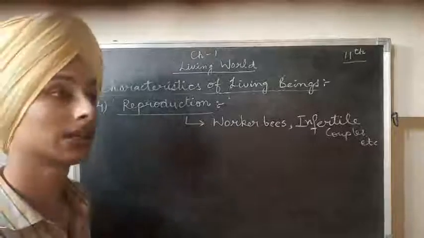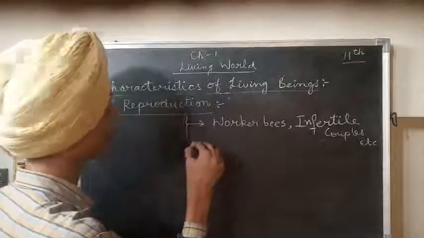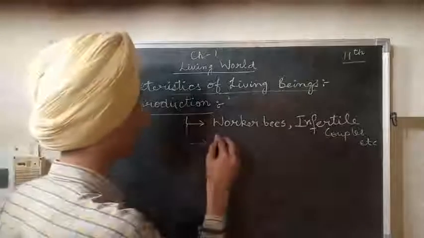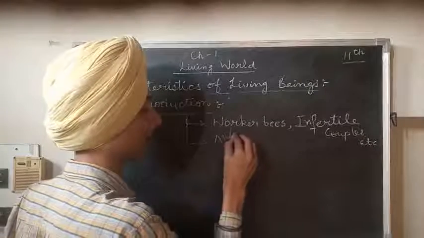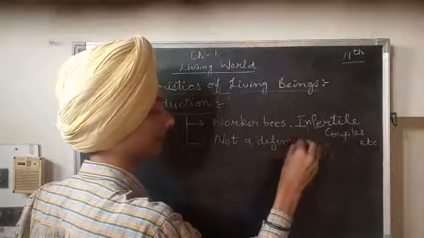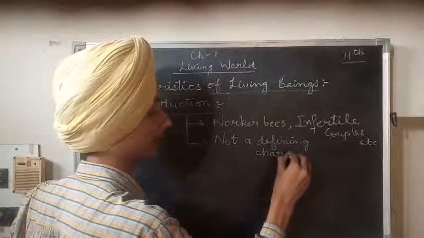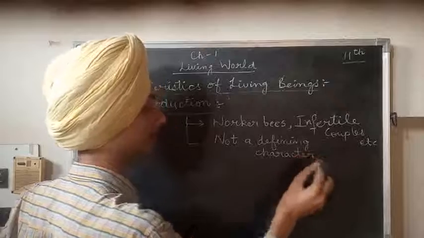So it does not satisfy our first criteria. So we will call reproduction a non-defining character, not a defining character. Clear?